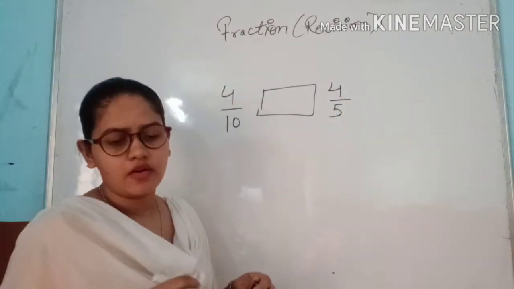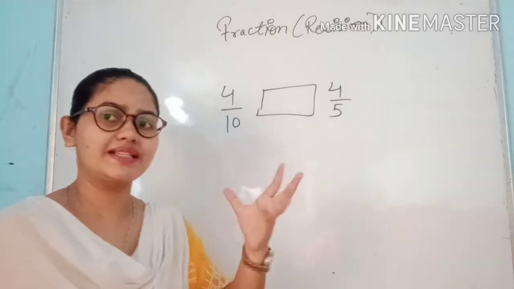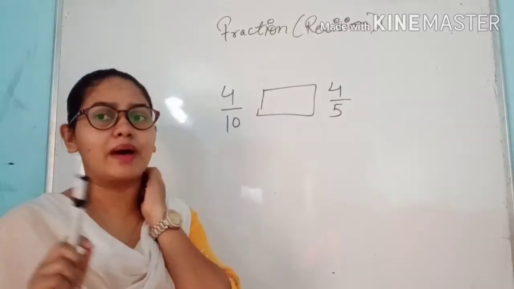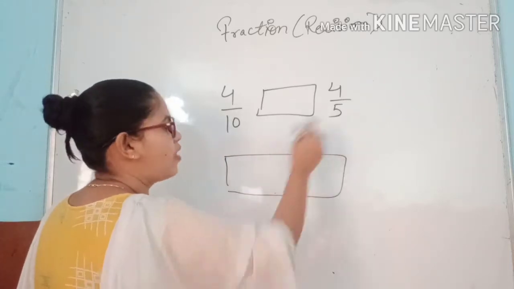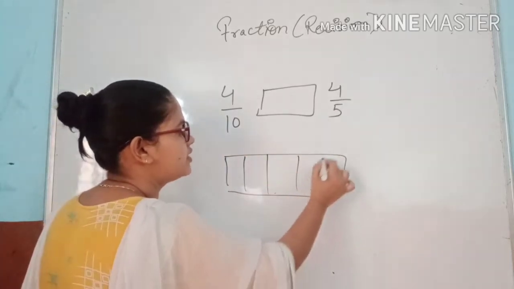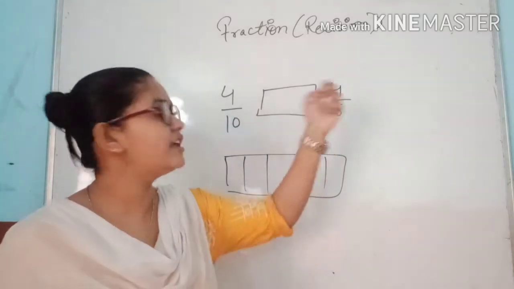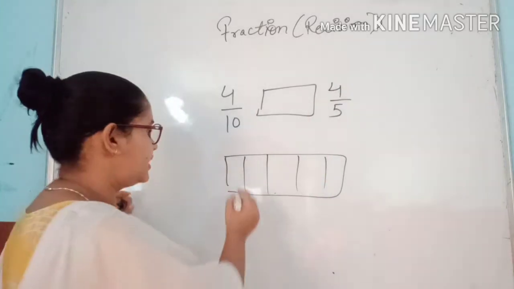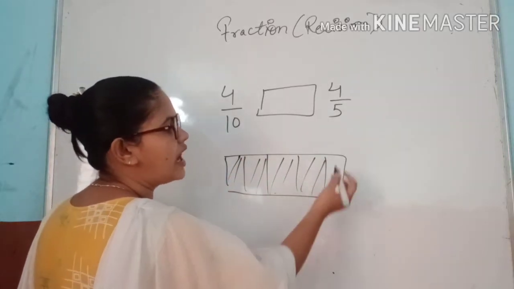Firstly we have to see which one is greater. Always remember, if there are 5 boxes, 1 2 3 4 5, and 4 are filled up, how many are left?